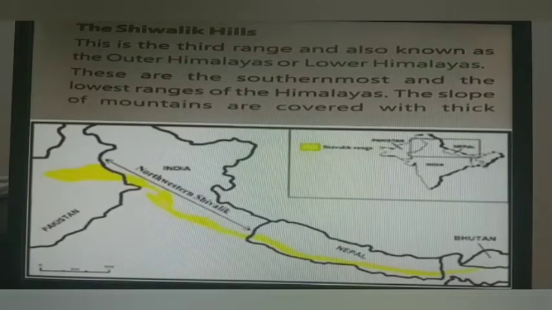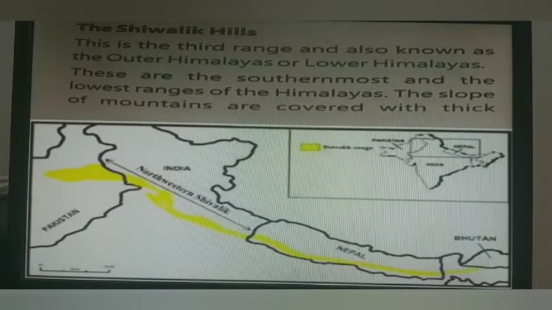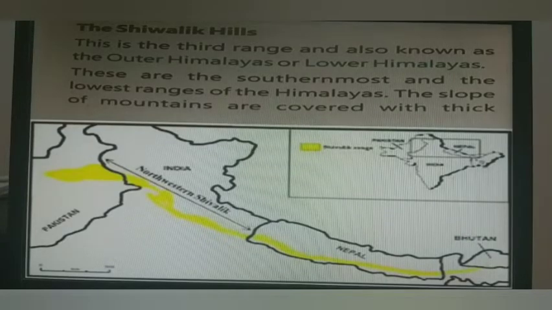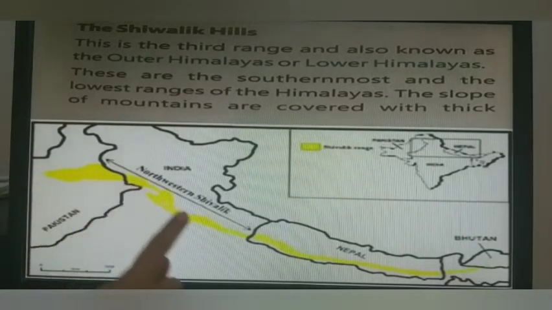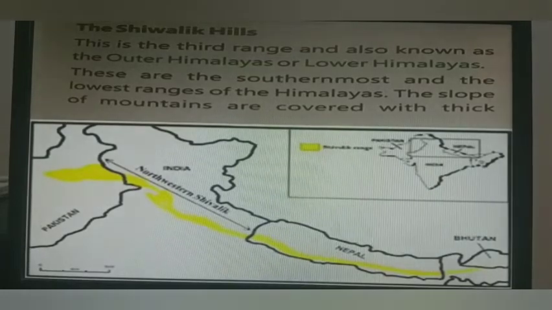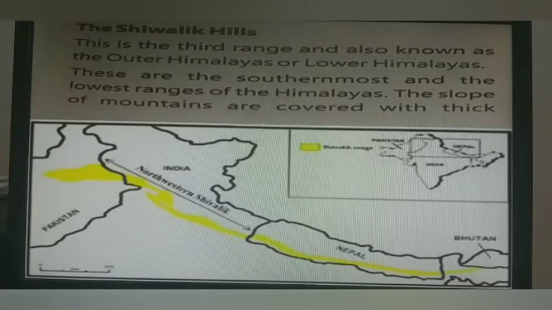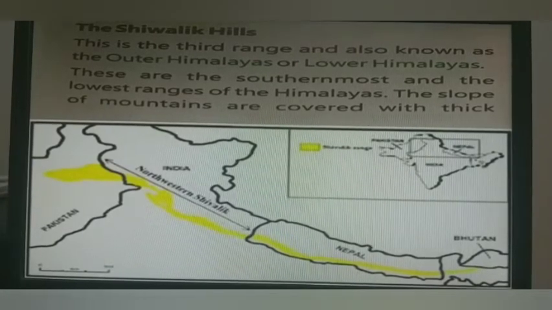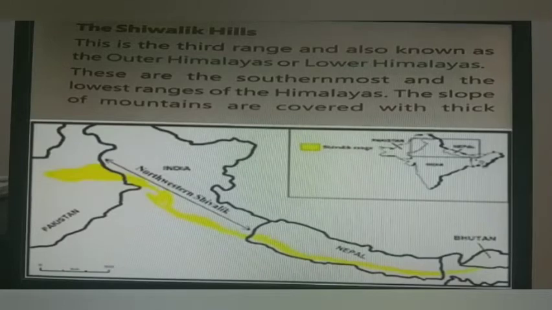The Shivalik is the third range, also known as Outer Himalayas or Lower Himalayas. In this map, you can see this yellow line. This yellow line shows Shivalik. The Shivalik are the lowest and the narrowest range in the entire Himalayan system, lying at the southern part of the Himadri and the Himachal of the Himalayan range.